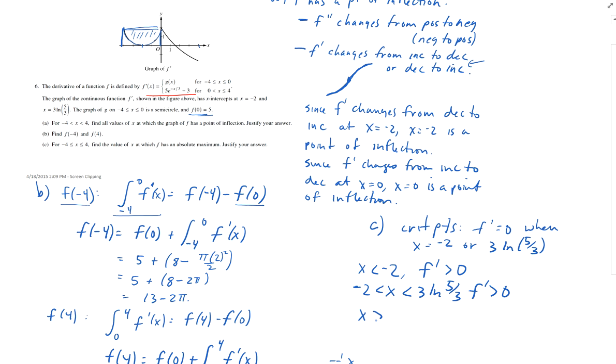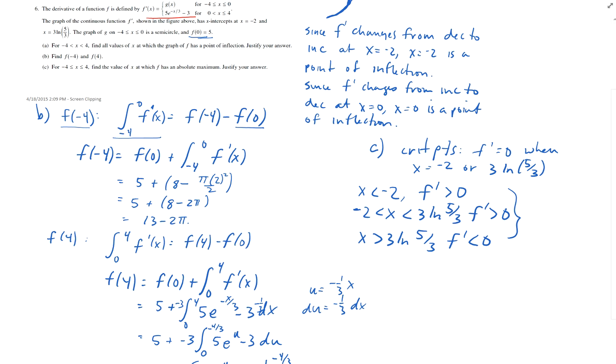And for x greater than 3 natural log of 5 thirds, f prime is negative. I'm basically making a sign chart here without doing that. So I recognize the fact that, and again, this is not my justification, this is just me thinking of it. In other words, I did this. Let me do it so you can see it this way. 3 natural log of 5 thirds. I did f prime is positive, f prime is positive, f prime is negative.